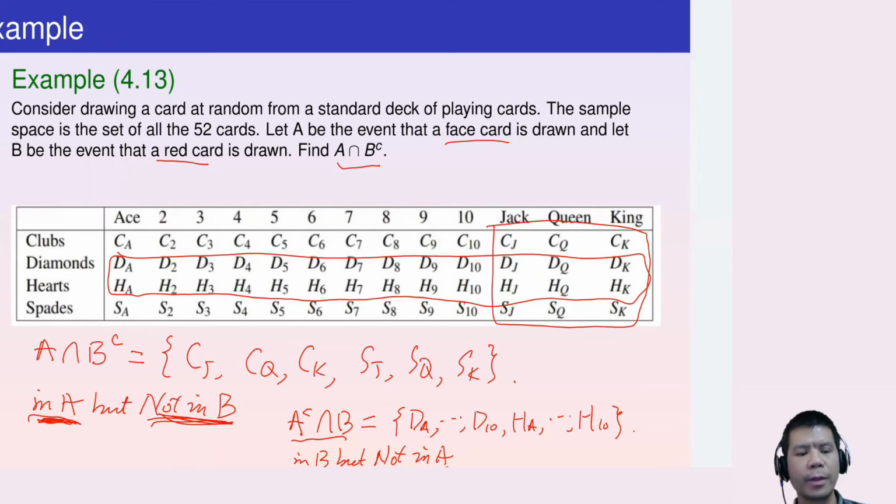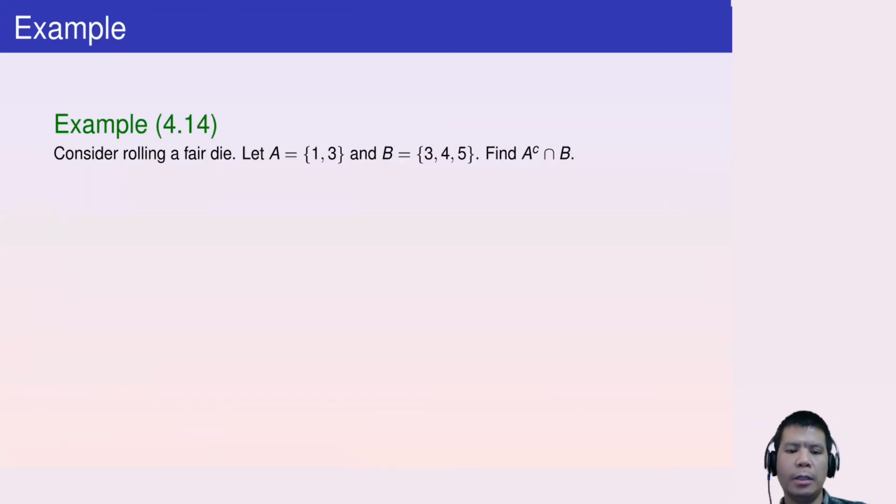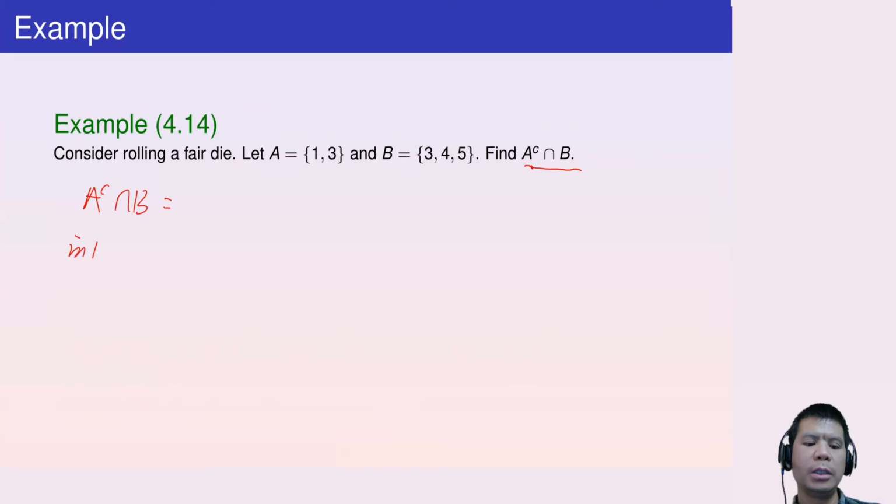Okay. Consider this example. Here, A and B are given. What is A complement intersect B? That's in B, but not in A. You see that 3 is in A, so you cannot include 3 in this set. So that is going to be 4 and 5.